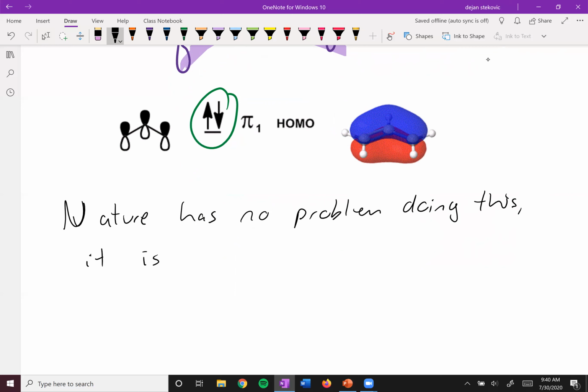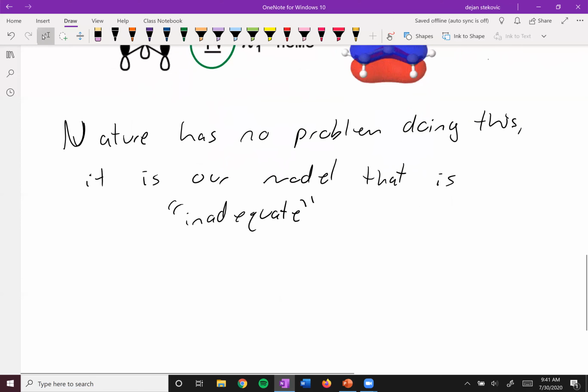It is our model that is inadequate, right? It's not that nature's doing anything funky or that it's not supposed to do. It's just that our model is relatively simple, and so it just doesn't work well for this, right?